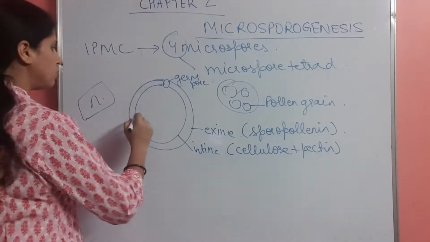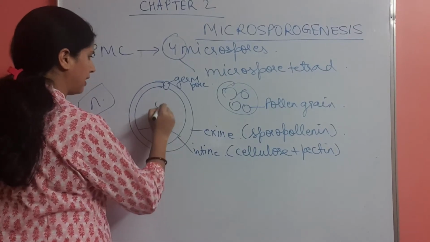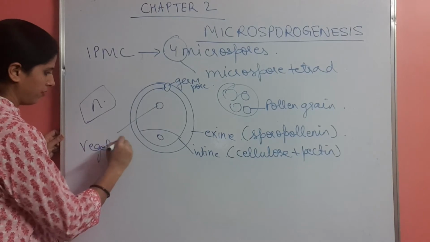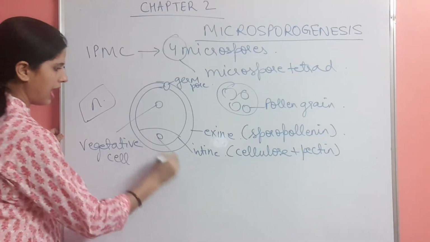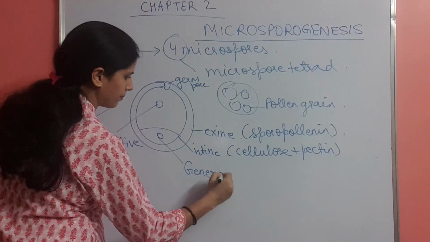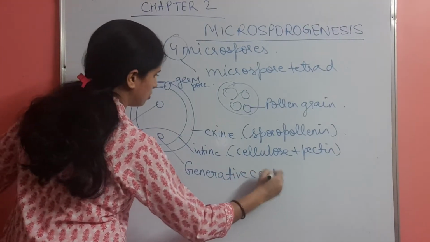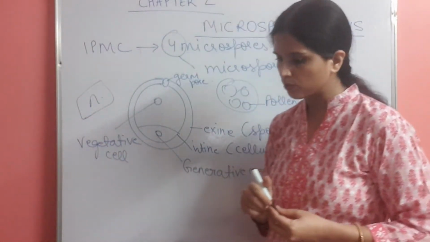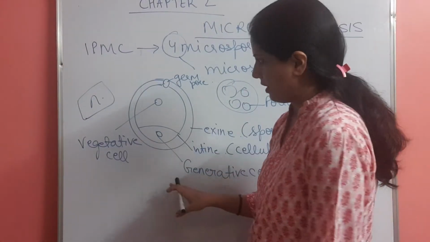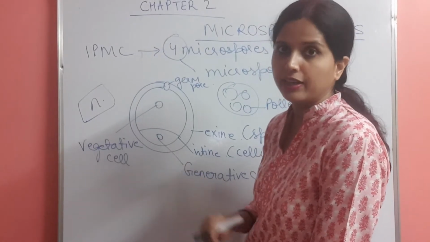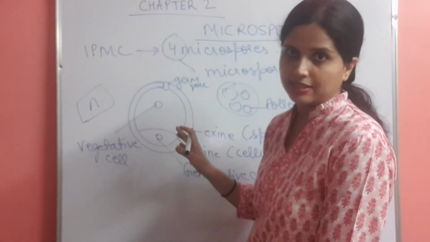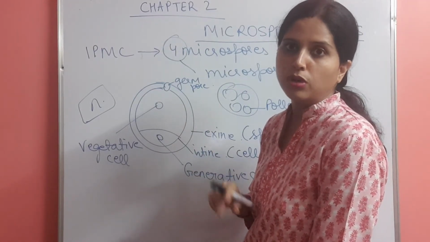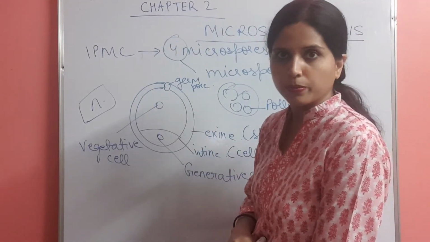The 2 cells are the vegetative cell and the generative cell. The bigger one is the vegetative cell and the smaller one is the generative cell. Please go through it very carefully, because this will help you when we study the formation of the pollen tube.